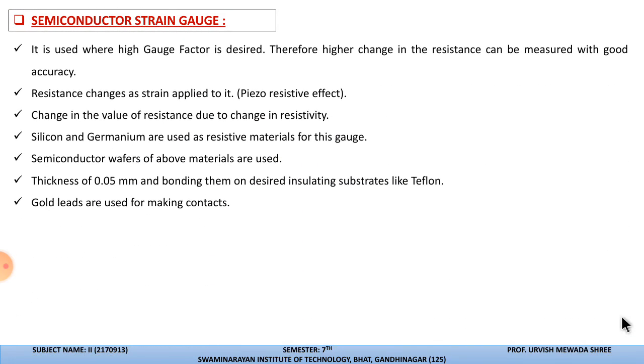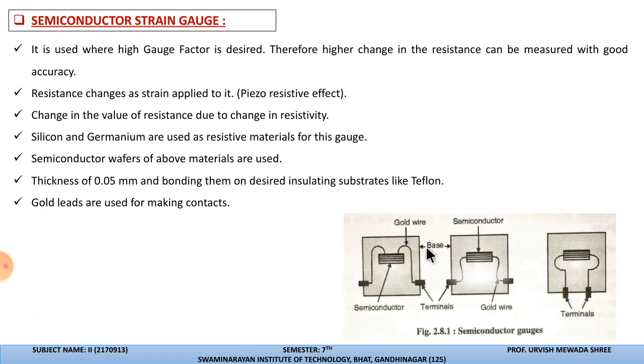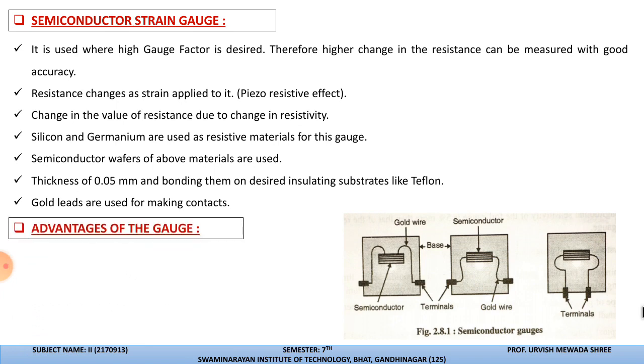Now this is the most important theory and the most important strain gauge of the chapter, that is the semiconductor strain gauge. So we'll start with the semiconductor strain gauge diagram over here. This rectangular portion, the horizontal lines, indicates the wafer of the semiconducting material, through which a wire is taken out, and with the help of these wires we can connect this gauge in the bridge circuit.